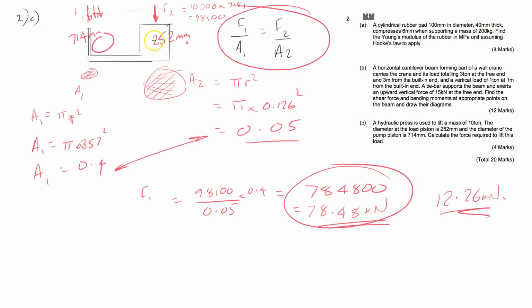I would be interested to know if you think I'm wrong. Do let me know in the comments. But I think you can't argue with the way that's phrased. It's phrased as though it's that way around to me. Please explain to me why I'm wrong. But if you process it with them being the way around that they intended, in other words, small for pump, you end up with 12.26 kilonewtons, the correct result.